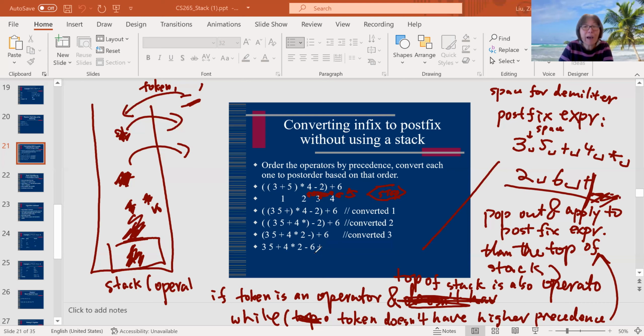And then we have the 6, and then the plus, which is the same as what we did here. So this is the algorithm.